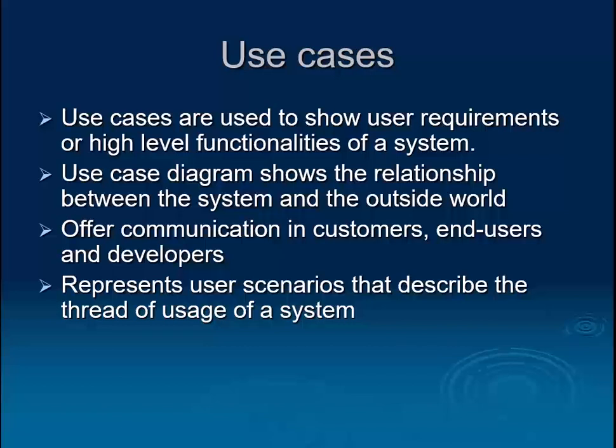So if we talk about the functional requirement, this means we will talk about the detailed system requirements. And when we say high level functional requirements or high level functionalities, this means the user requirements. So use cases are used to show the major functionalities or high level functional requirements.